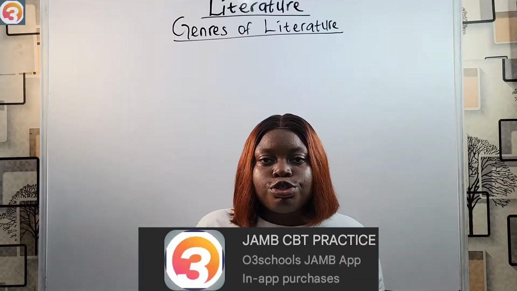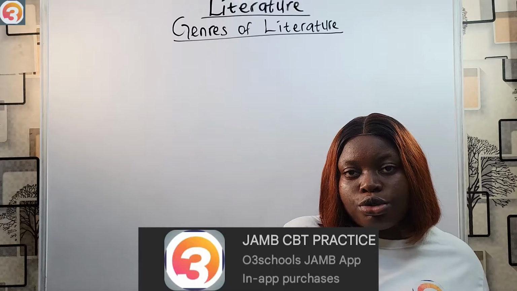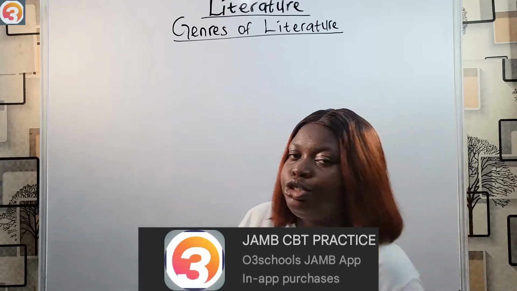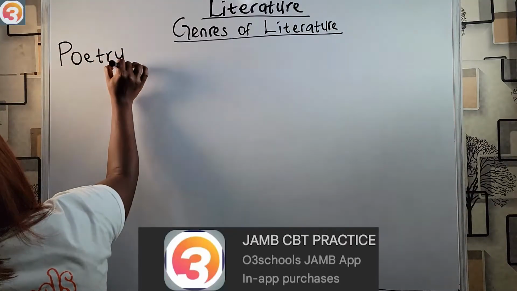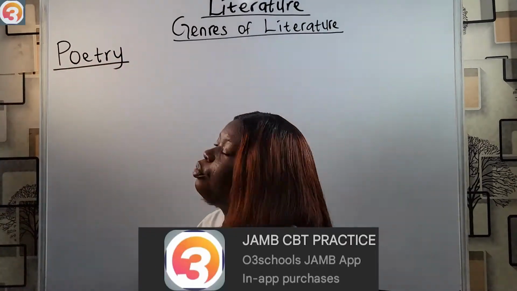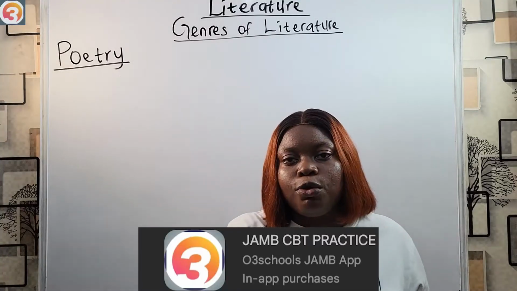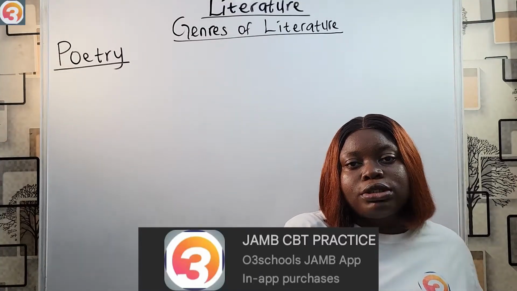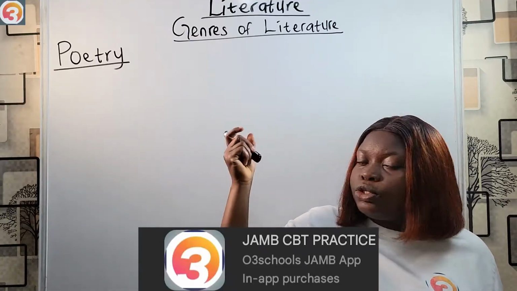We mentioned prose, poetry, and drama, and in that part, we also looked at prose. So today, we're going to be looking at poetry. Poetry is another major genre of literature, just like the prose that we've looked at and drama that we'll be looking into next after this. So let's look at poetry.